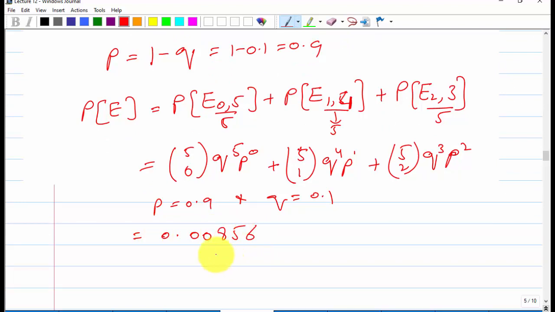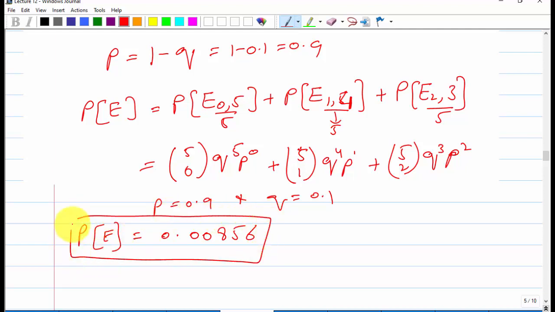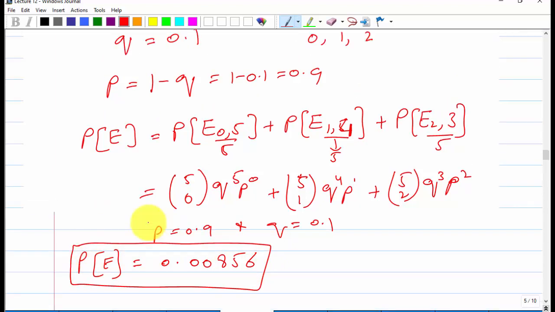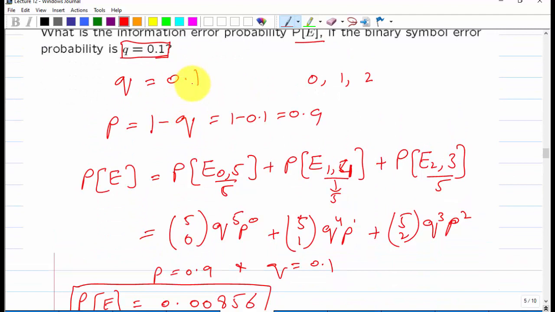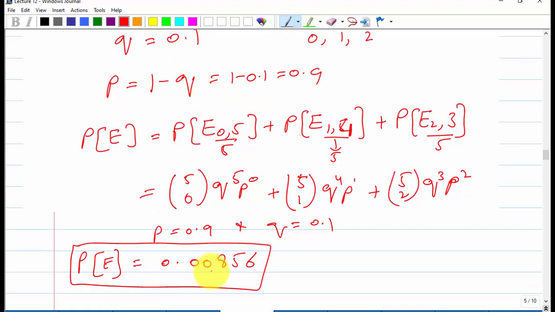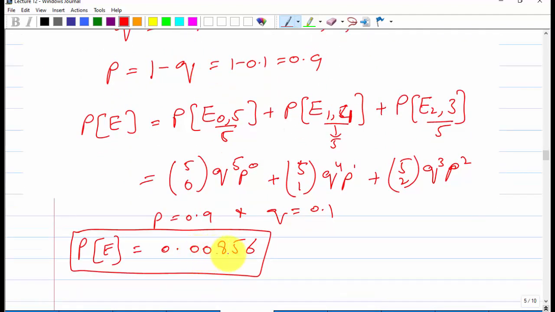0.00856. Now here we can see that the probability of error in this scenario is reduced, because the error in one bit is 0.1, which is approximately 10% chance, but now the chance is 0.8%.